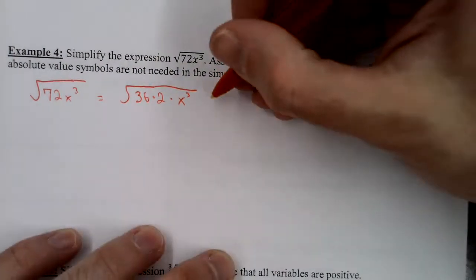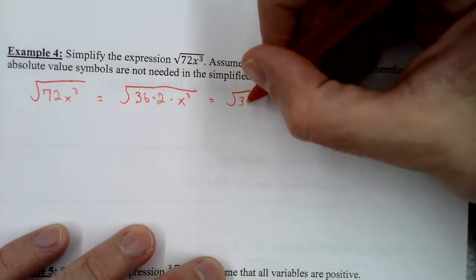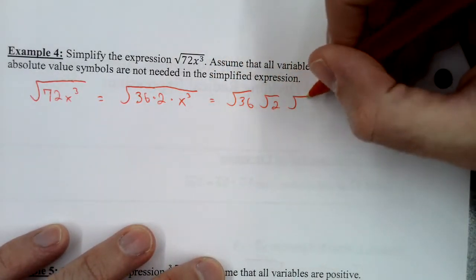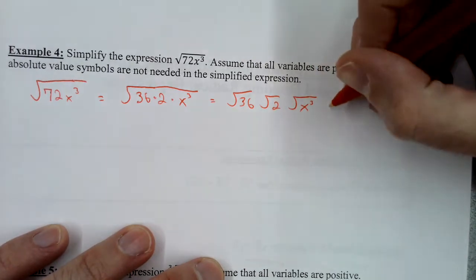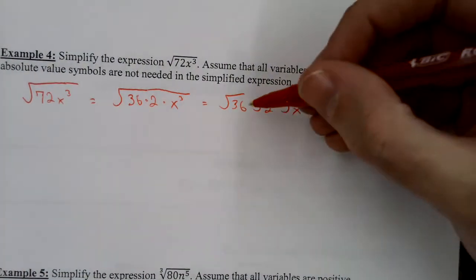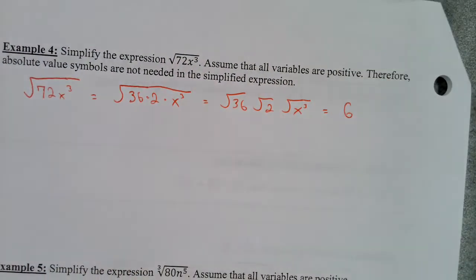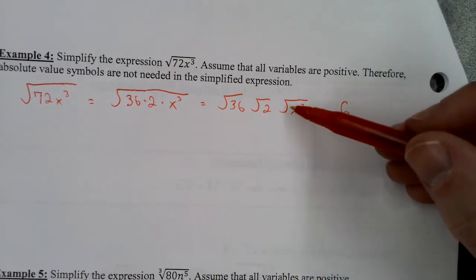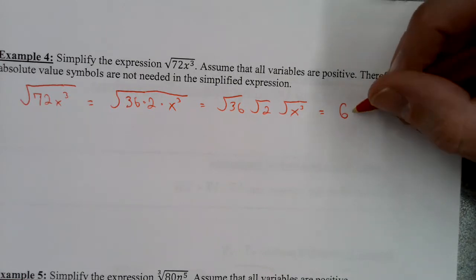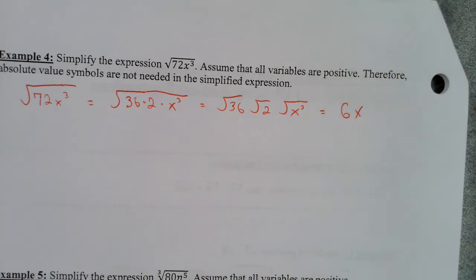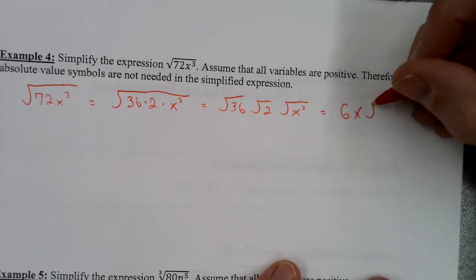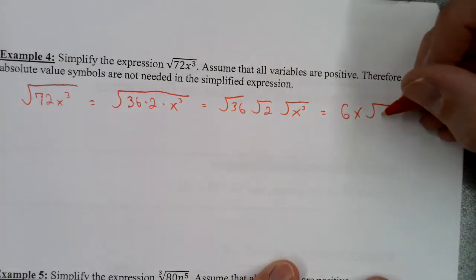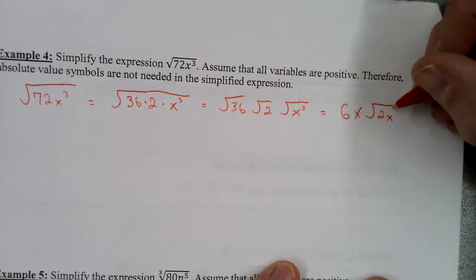Again, I like to break this apart a little bit more: square root of 36, square root of 2, square root of x cubed. Square root of 36 is 6. 2 stays under the square root. For x cubed, you're looking for groups of 2 because that's the index. You can take out one group of 2. And what's left over under the square root symbol is the 2 and 1 x, because we took out a group of 2.